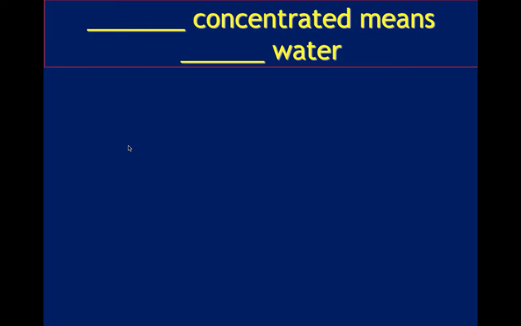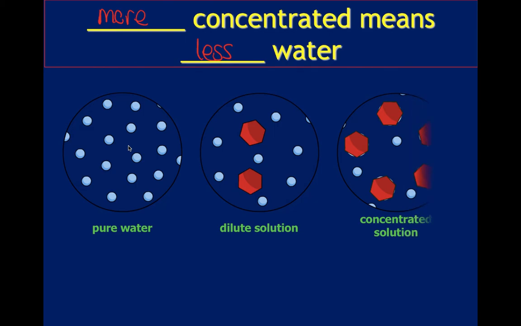You also have 3 little circles on page 121. So just below the blurb, more concentrated will always mean less water. That's really, really important.